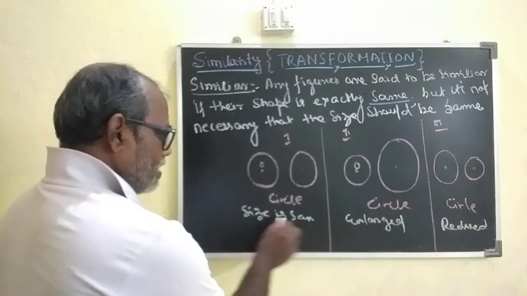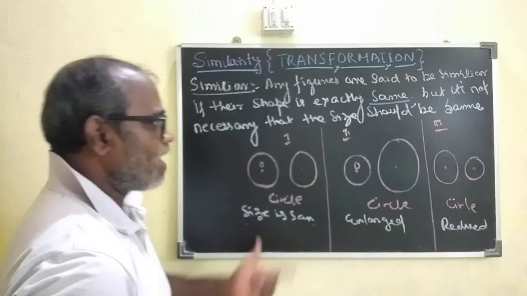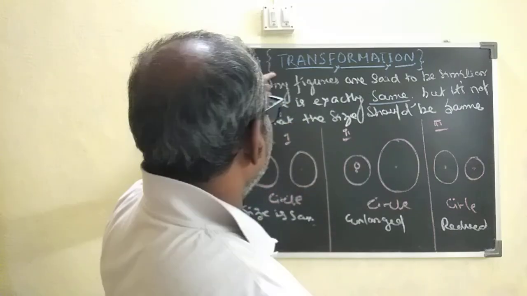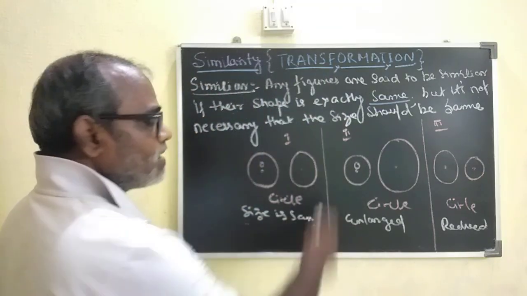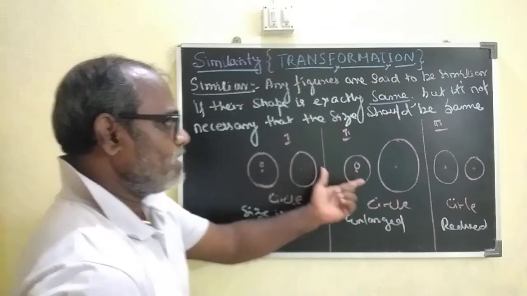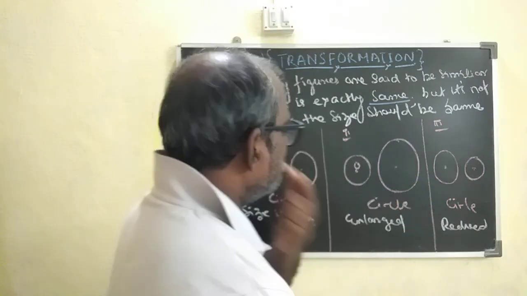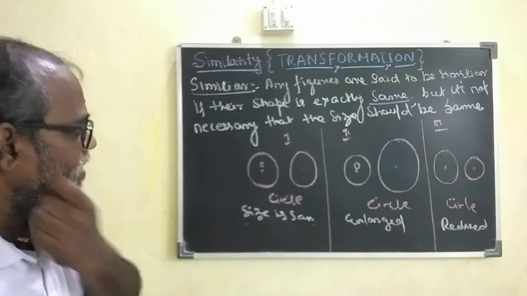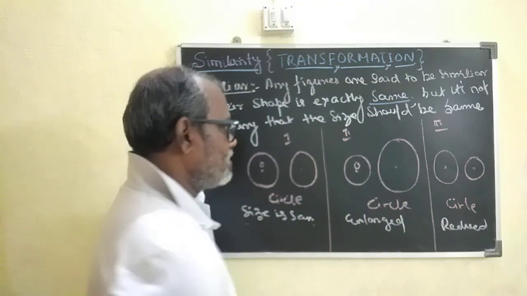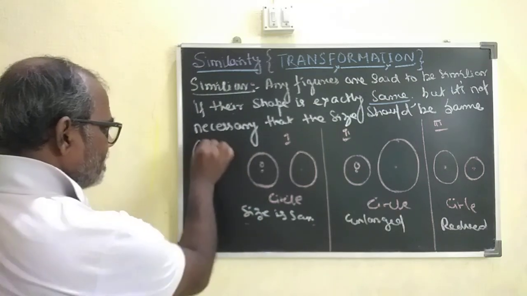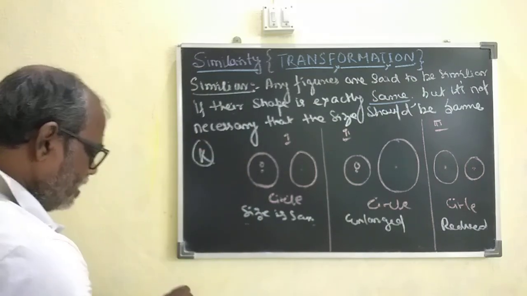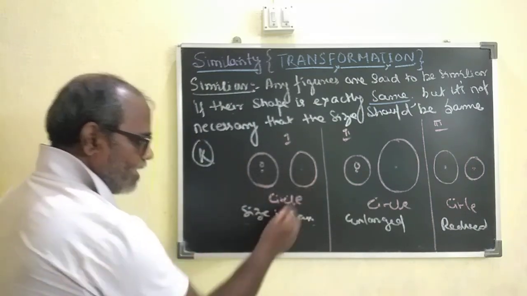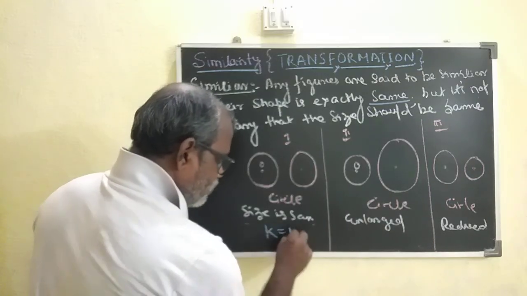Now here the size is the same, so we can have a transformation, that is a similarity transformation. Where is the transformation? The transformation is in their size but not in shape. So we have a scale factor, which is often represented in the book as K. Here the scale factor K equals 1.